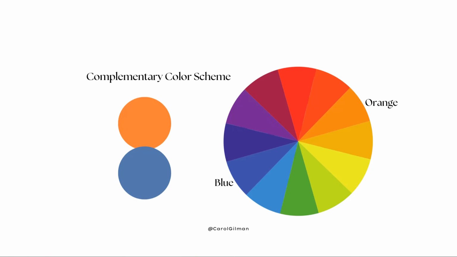And then the other thing to notice is, right, we have orange on this side, but we can look opposite of orange on the color wheel and we're going to find the color blue. And what that means is that those two colors are opposite each other and they're called complementary colors. And they are really unrelated. They are total opposite.